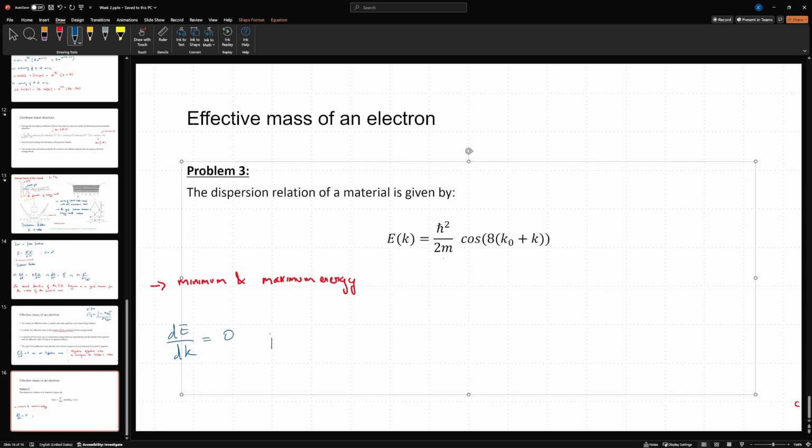This k₀ is a constant shift, so it is always there. In fact, I could have written it as k plus k₀. Now when I do the derivative, I will be differentiating with respect to k. k₀ plus k is equivalent to k. There will be a multiplicative factor of 8 coming out.